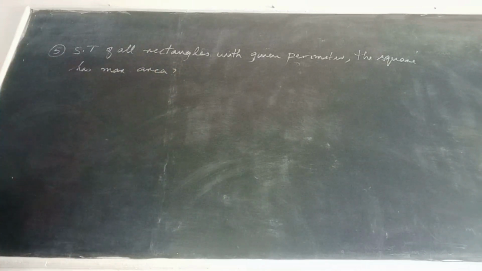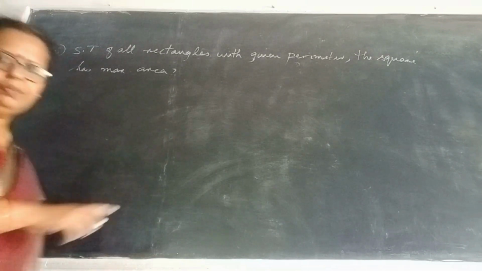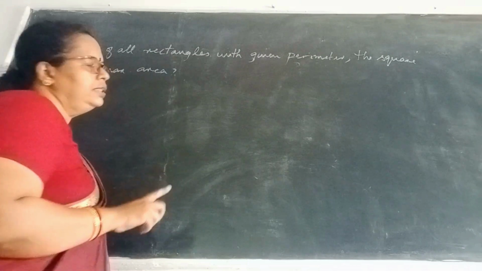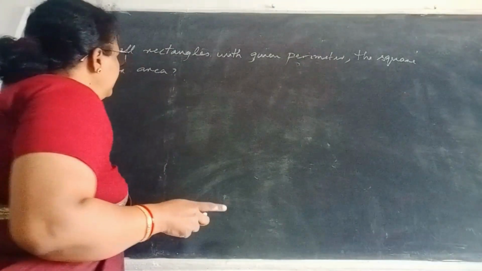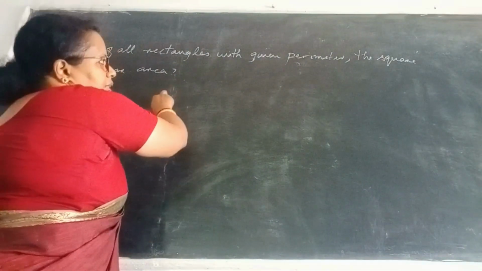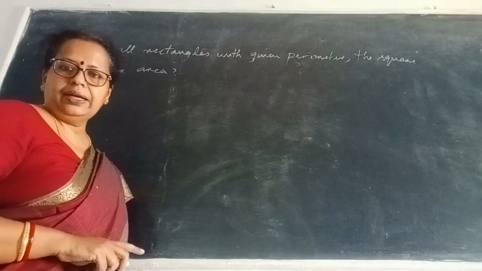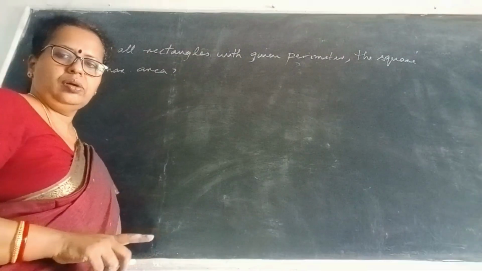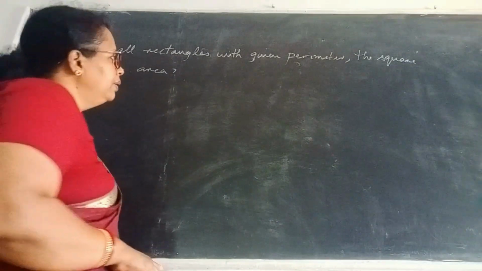So what is the question? A rectangle with a given perimeter means the perimeter of the rectangle is a fixed number, and the area is maximum when that rectangle is a square. The rectangle is a square means length should be equal to breadth.